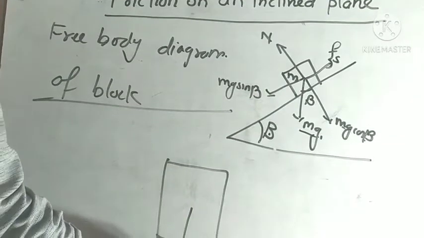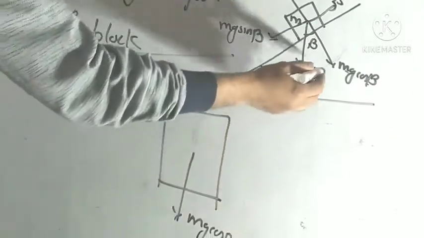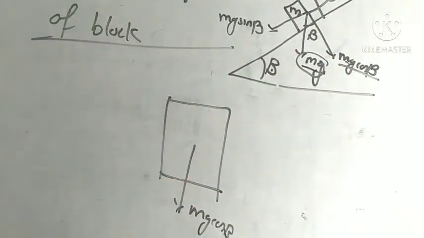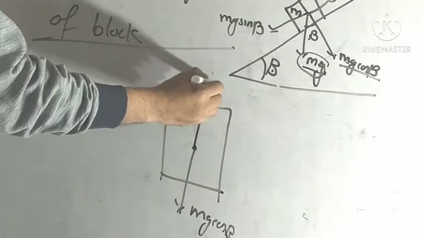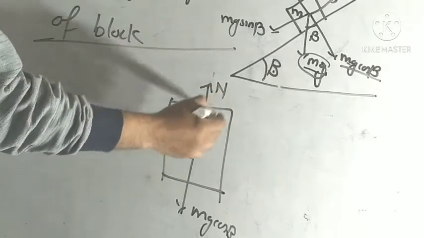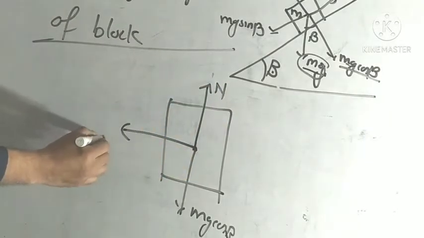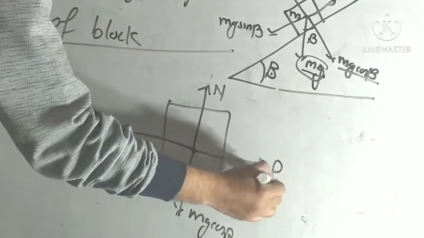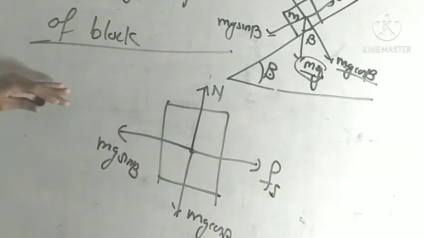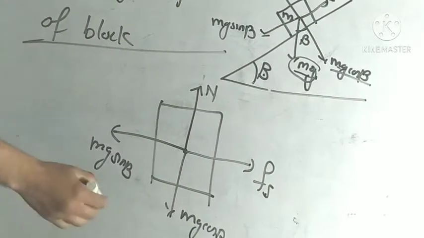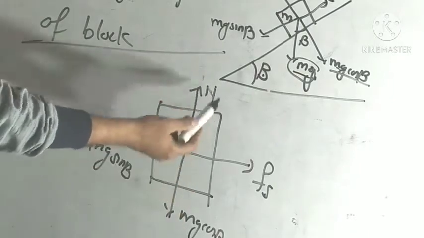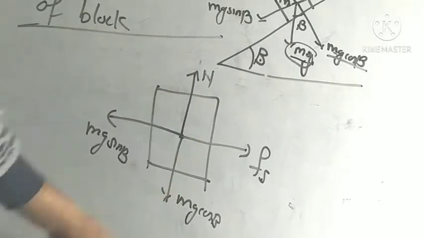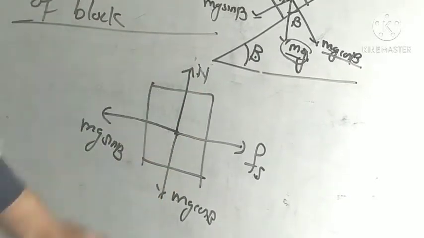First is mg cos beta, the component of weight, which works vertically downward, and the normal force works vertically upward. Then mg sin beta works on this body along the left hand side, and the frictional force on the right hand side. There are four forces working on this body, and here the magnitudes of the normal force and the weight component remain equal and opposite in direction, so both these forces balance each other.